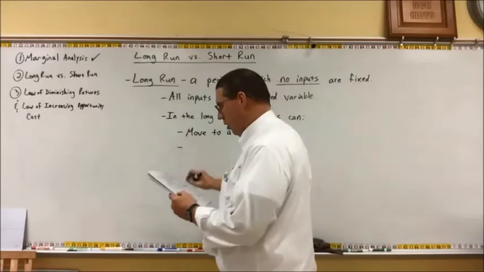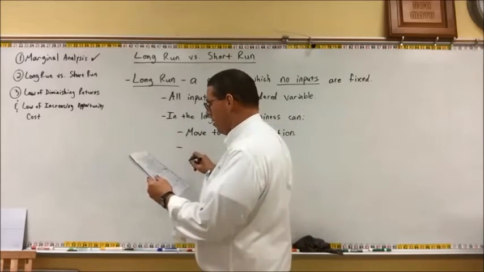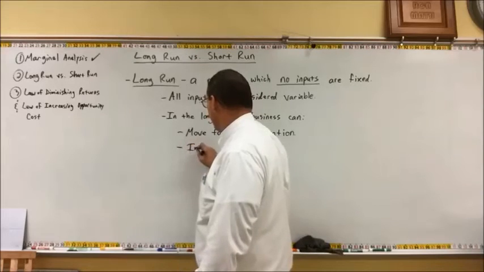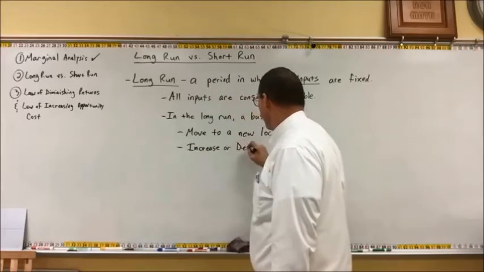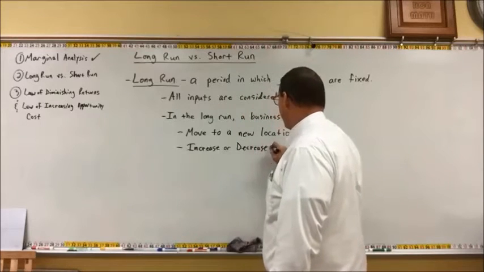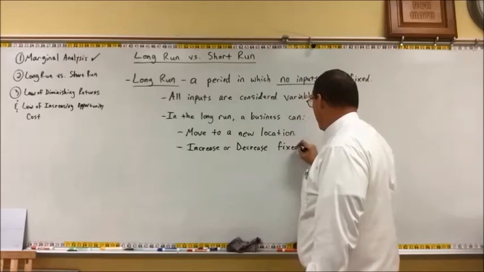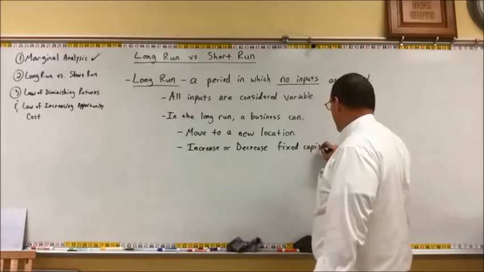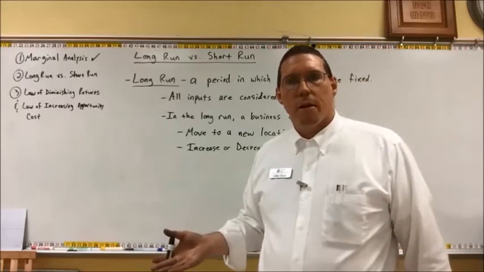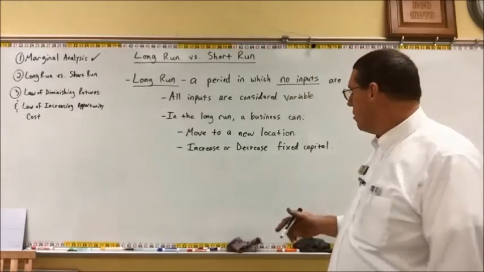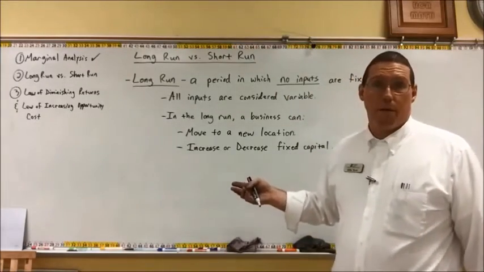What else can they do in the long run? In the long run, a business can increase or decrease fixed capital. They can sell some of their desks and bookshelves or bookcases, or they can buy more desks and bookshelves.